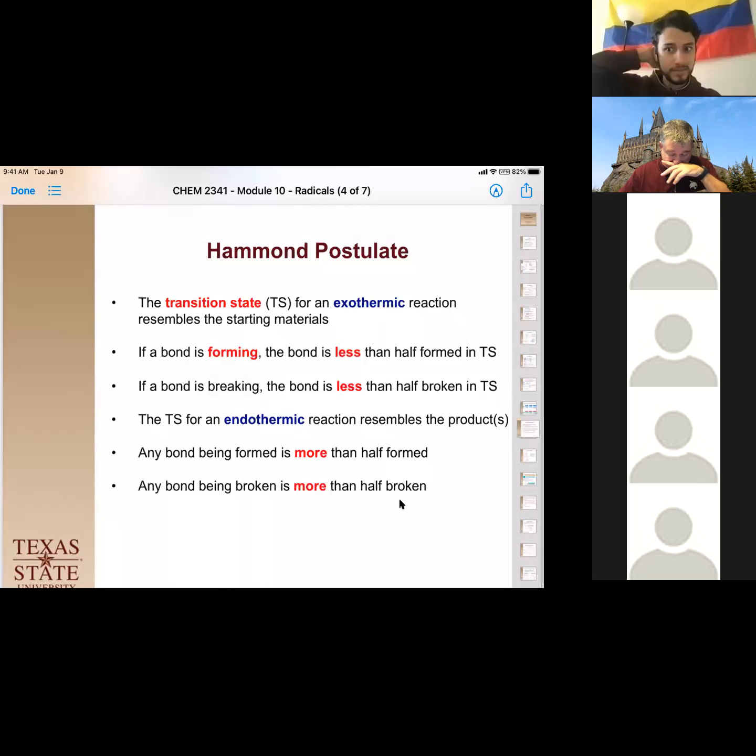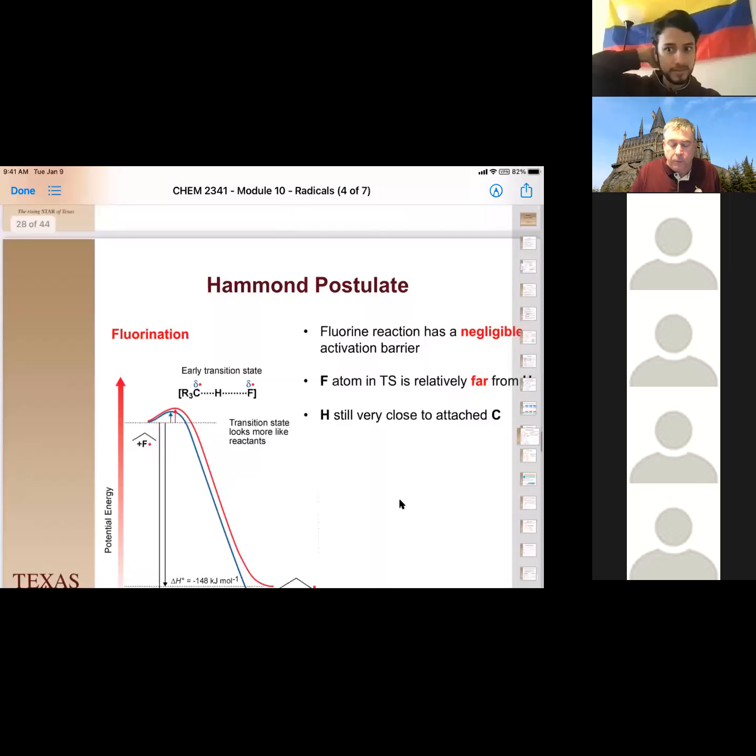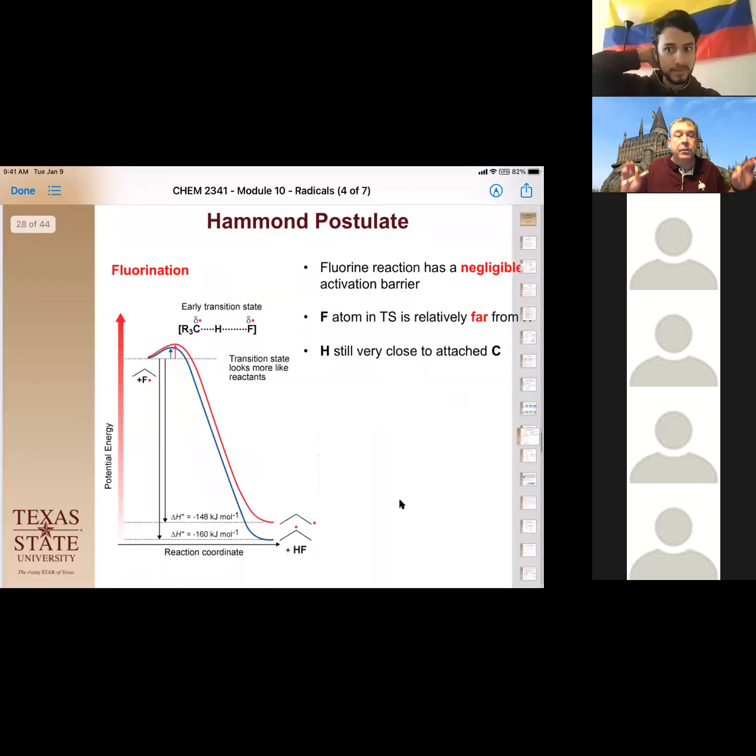Okay, so what does that mean? In these radical reactions, that changes the depth of the activation energy required to reach that early transition state. Okay, so in fluorine, there's a negligible activation barrier for forming the primary or the secondary, because there's not very much difference in that.